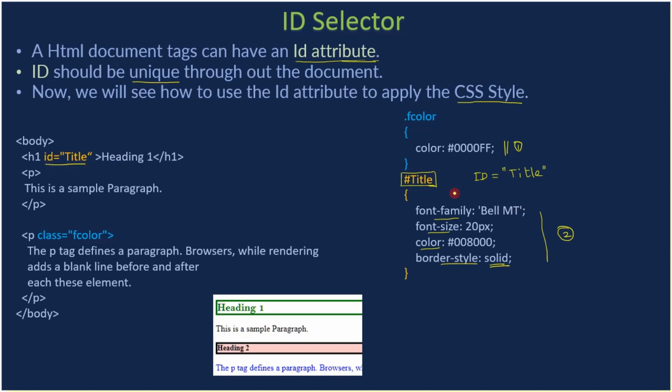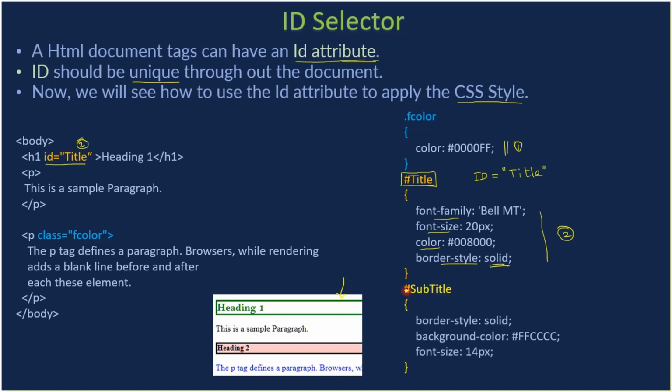That means it will take the rule specified here, the style rule title. If you see here, we specified a green color and we supplied a border as solid. So that's why here you are seeing a green colored border.